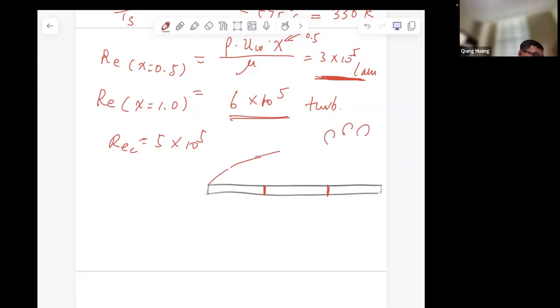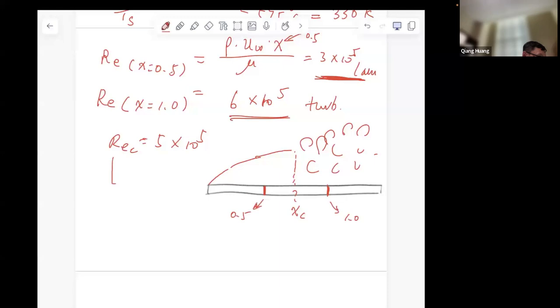So somewhere there will be a transition from laminar to turbulent, we don't know where. And then we need to calculate this point, which is a critical position XC here. We know this is 0.5, and this is 1.0, and the XC is somewhere in between. And you can calculate that.